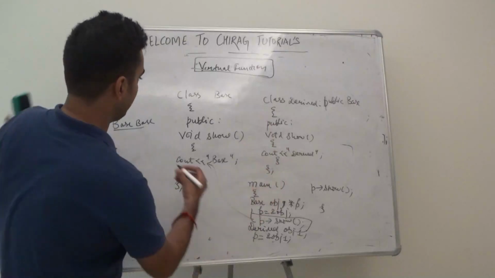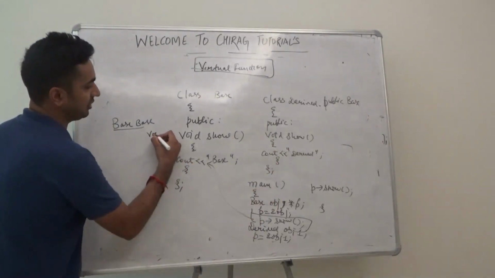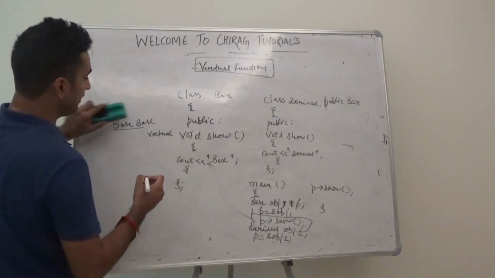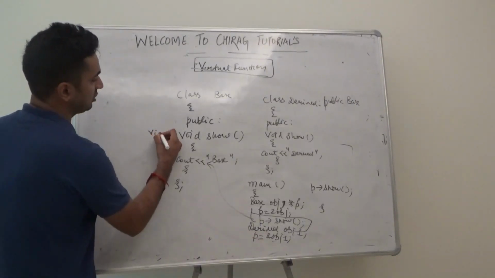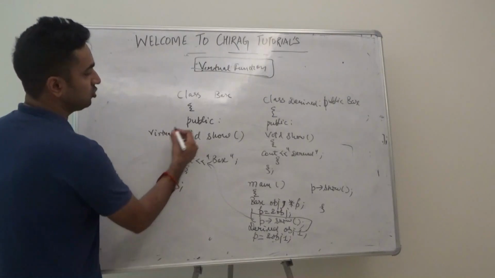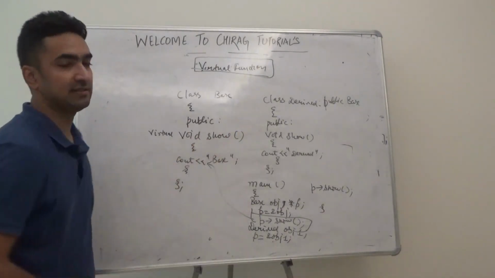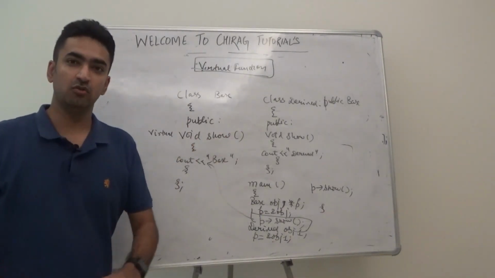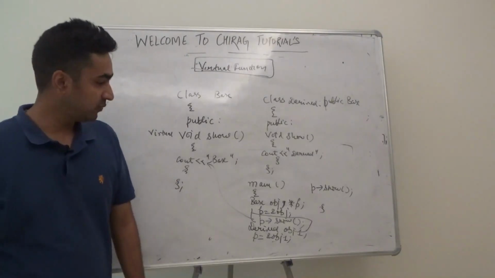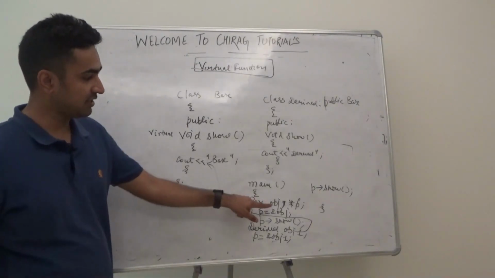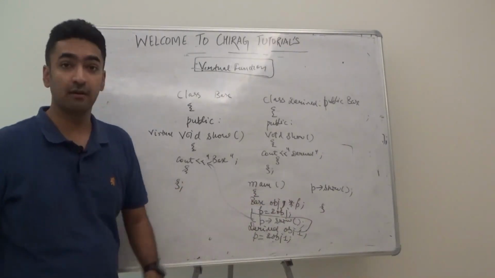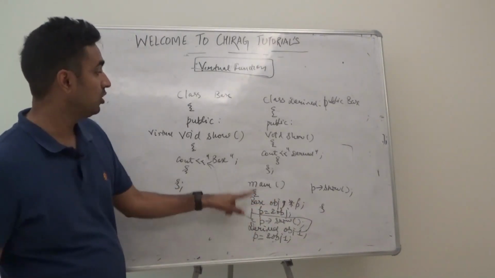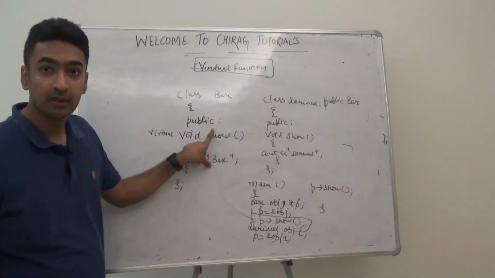So for that we are using the concept of virtual. The moment we write the virtual keyword over here, virtual void show cout Base, right? When the virtual void show function works, the base class pointer is pointing to the base class object, and p arrow show, this function should work.